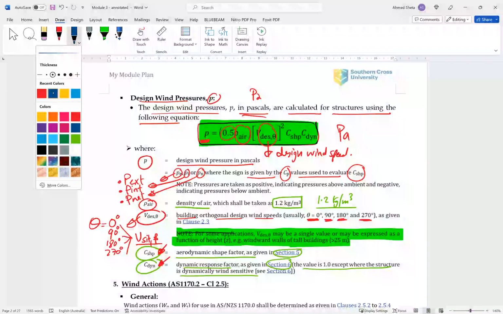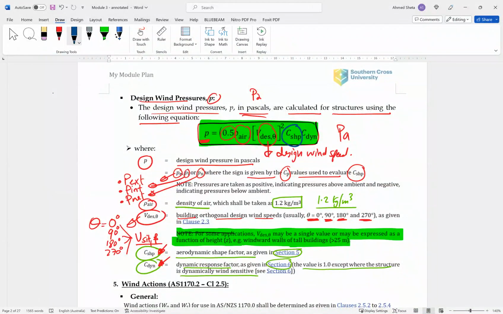As you can see here, this is given in section 5 and this is given in section 6 in the Australian standard. So if you find all these parameters, you can find the wind pressure, and after the wind pressure, you can calculate the wind force and then use it in design. So this equation is the most important equation we have because it gives us the pressure which we use to design.